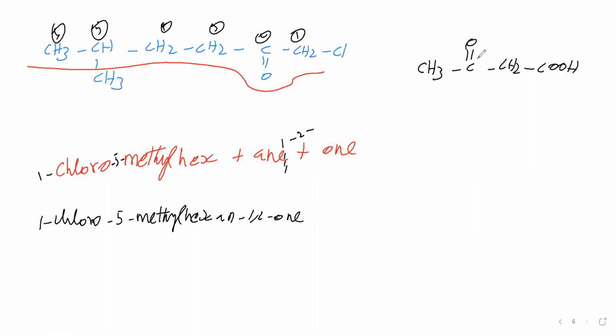Carboxylic acid has higher priority. So carboxylic acid is the main functional group. Ketone is a prefix. We will say it as oxo, otherwise keto.